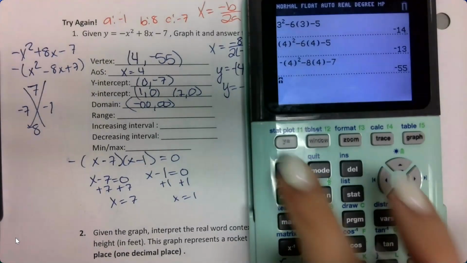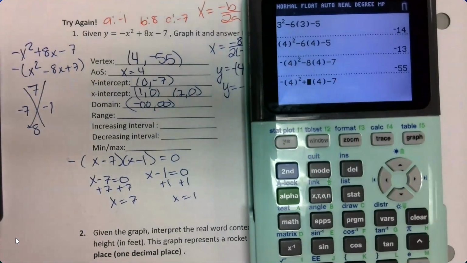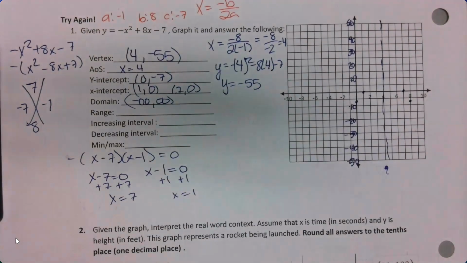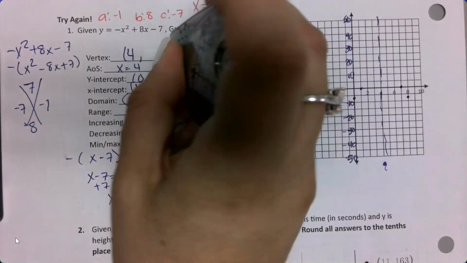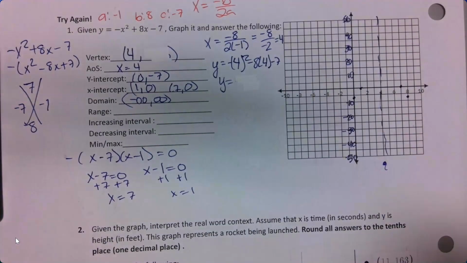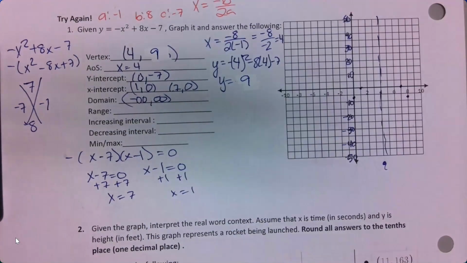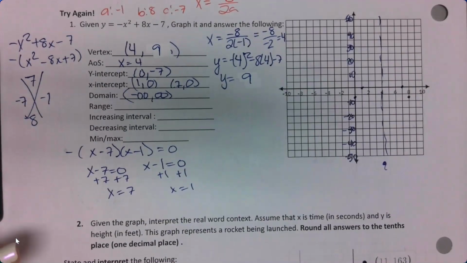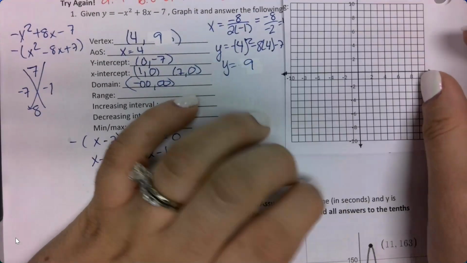Oh, it should have been plus 8. Yeah, so that would have given me 9. Okay, so I'm going to grab a new graph. I did this all wrong.